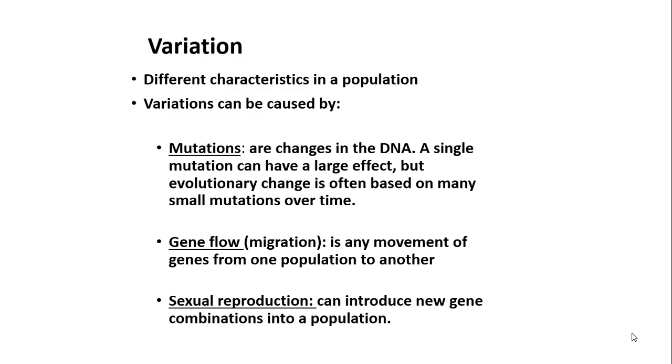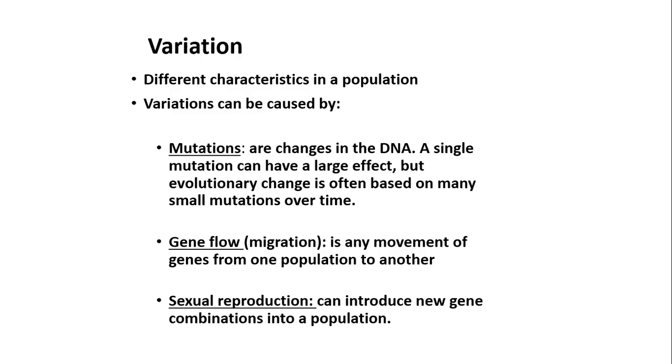And then, of course, sexual reproduction. You can get new gene combinations. I don't know if you remember when we talked about meiosis, where we had that crossing over event sometimes of the chromosomes, where a piece of the chromosome from the mother will get cut off and put on the father's chromosome and vice versa.